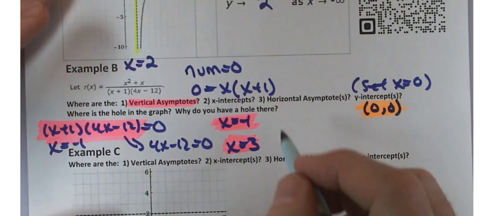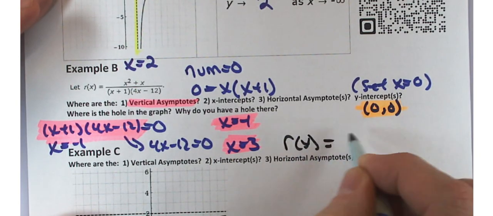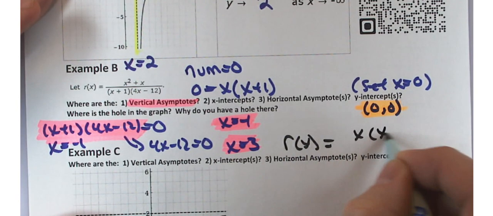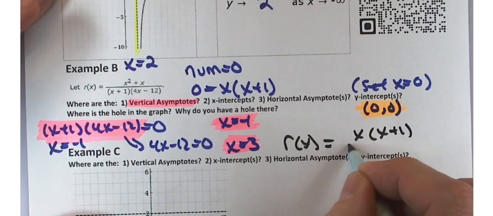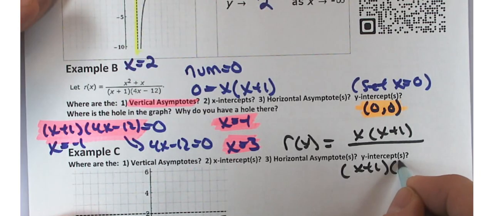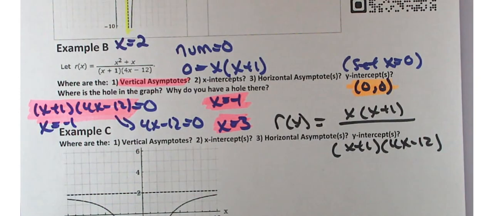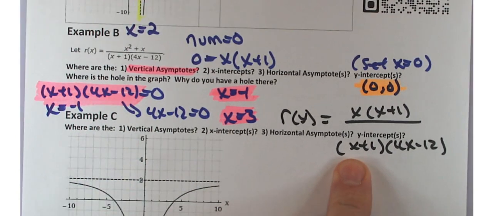So let's take a look at that term. R of x can be thought of as x times x plus 1 over x plus 1 times 4x minus 12. In your heart of hearts, what do you want to do with this fraction?